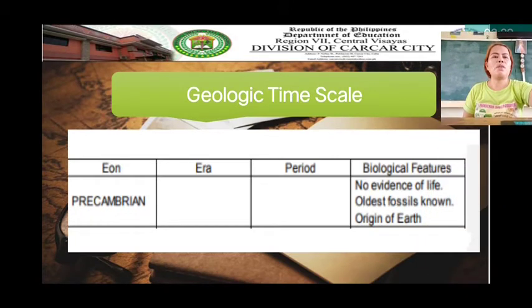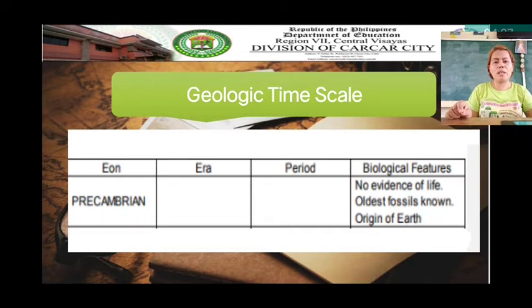Okay, so for that, this will be our discussion for the geologic time scale. The geologic time scale is divided into: the biggest time scale is the aeon, then we have the era, the second largest, and the least largest is the period, and the last column is the biological features.